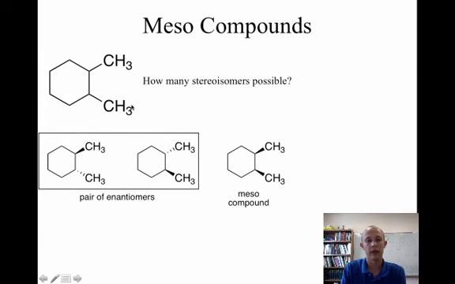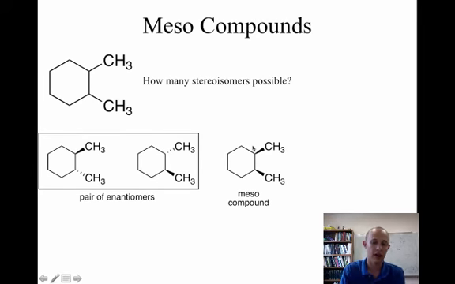Notice that we have several different possibilities. We can have this methyl up and this one down, or this one down and this one up. Notice if we take this one and try to superimpose it on the first compound, they are not superimposable. So this is a pair of enantiomers. This compound is a meso compound.